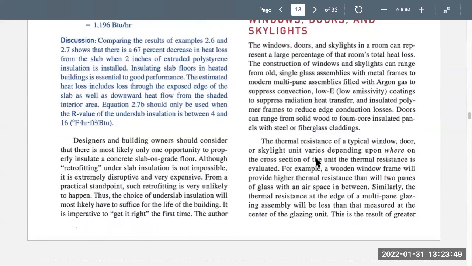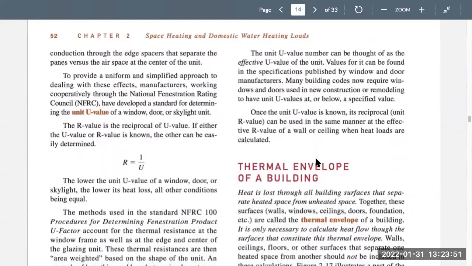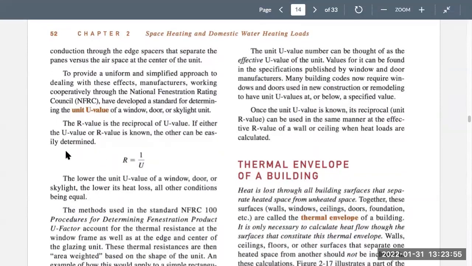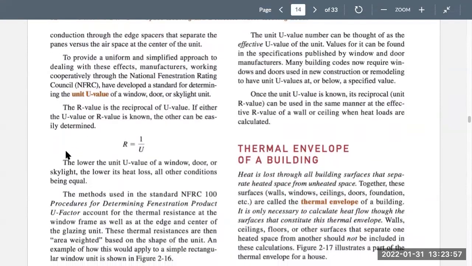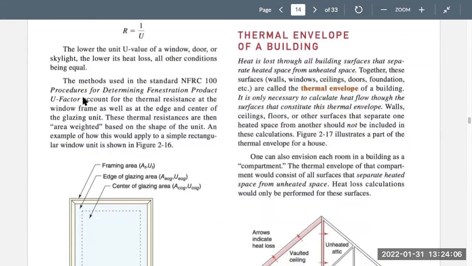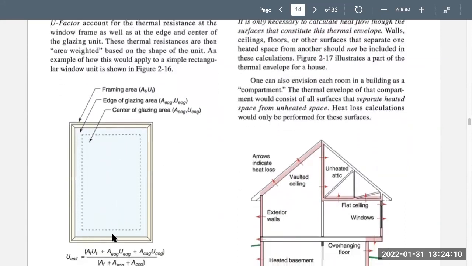a new section. So really all we need to understand here is R values and U values. If we know the U value, which you're going to know because manufacturers are the ones who determine the U value, you just have to determine what type of window you have.